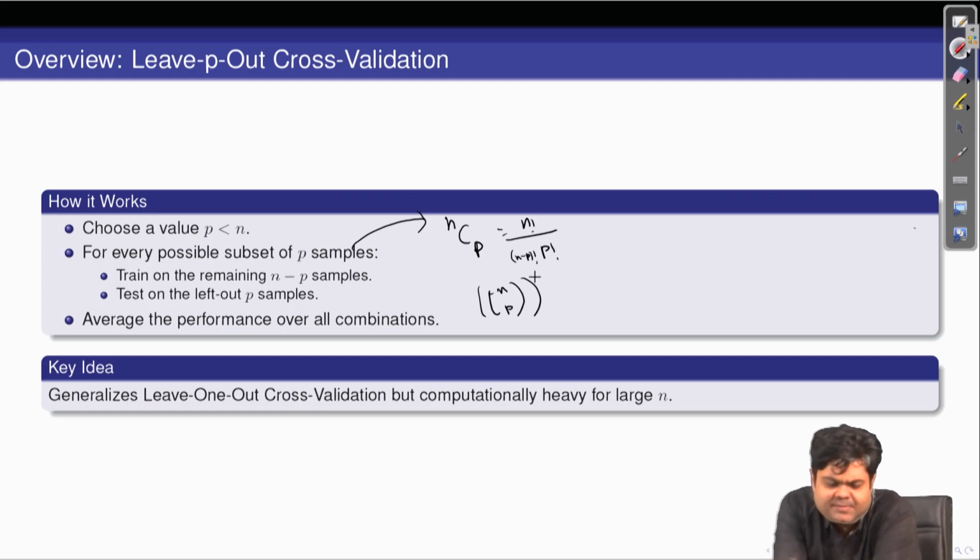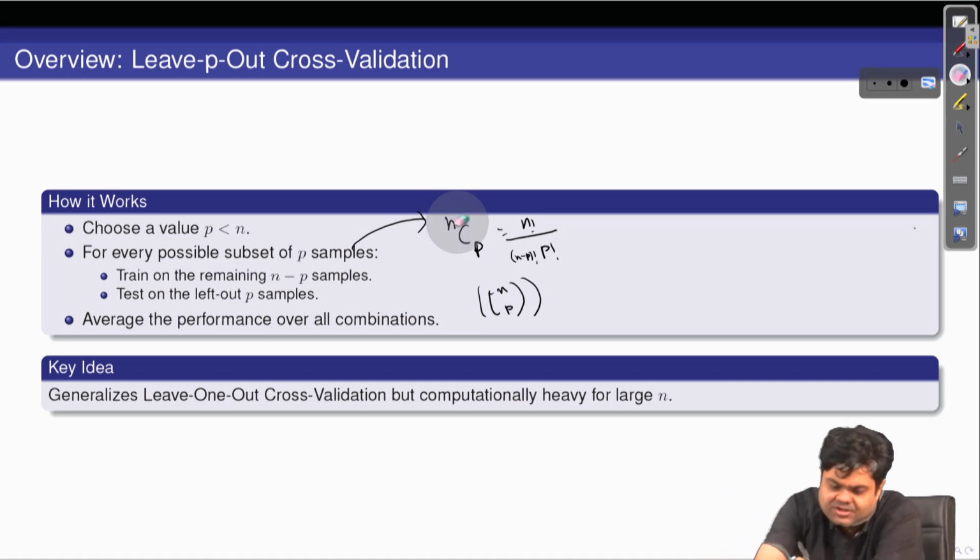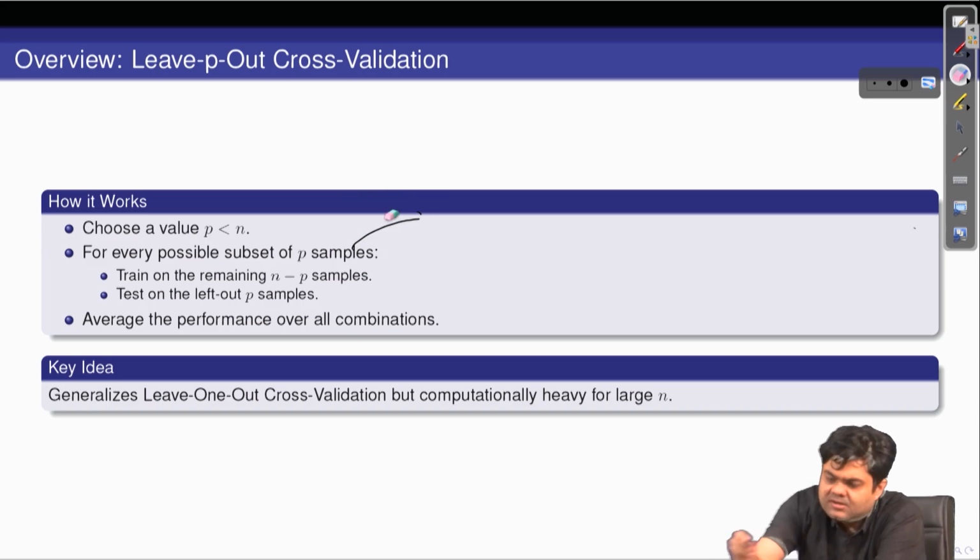So, these many possible subsets of p samples you can draw from n, and then train on the remaining n minus p samples, test on the p samples, and you do that for all possible subsets, and then take the average.